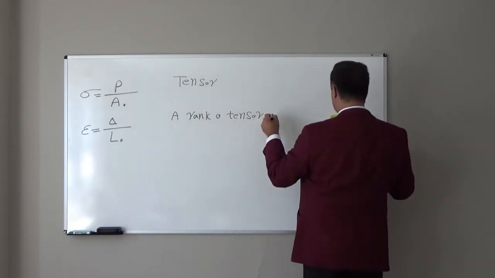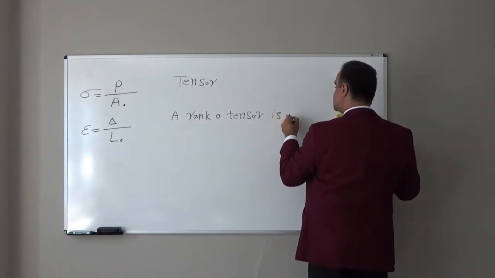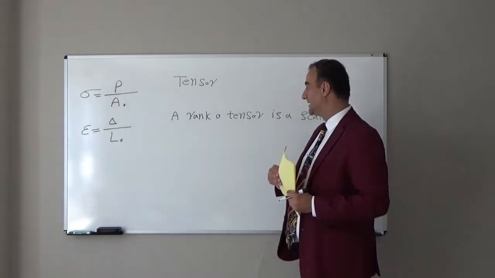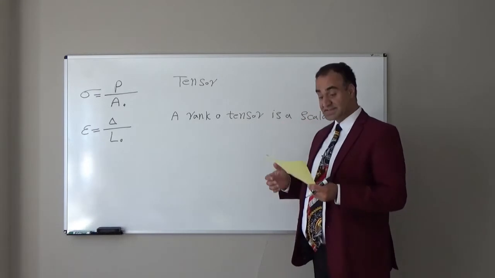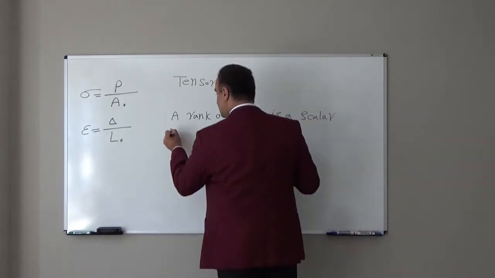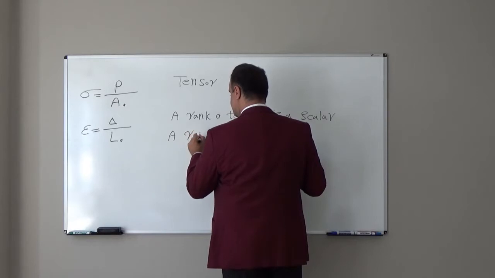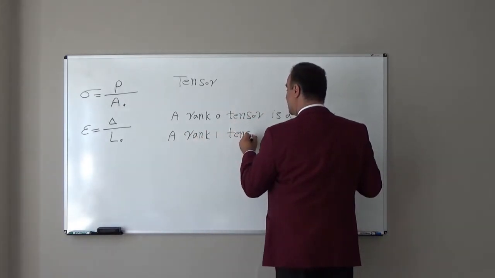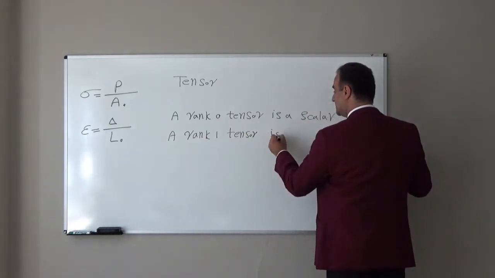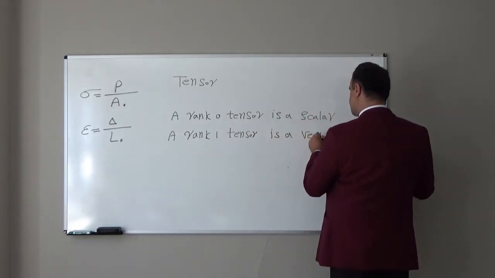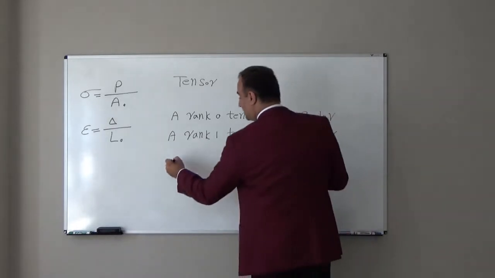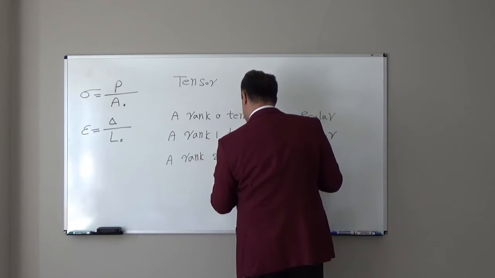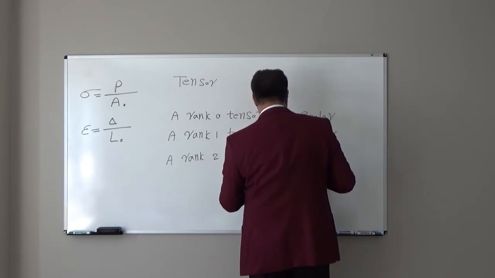Rank 0 tensor means a scalar. We have a rank 1 tensor. Rank 1 tensor is a vector. We have a rank 2 tensor. Rank 2 tensor, for example, stress is a rank 2 tensor, and we should represent it in matrix form.